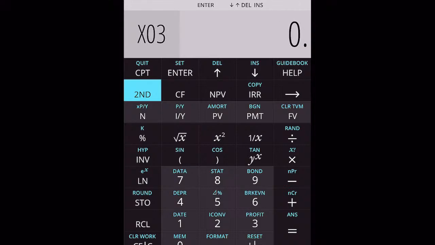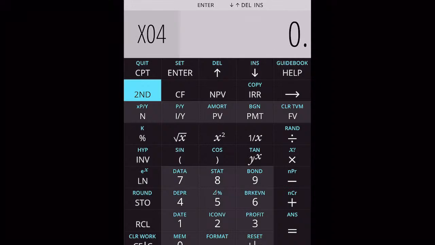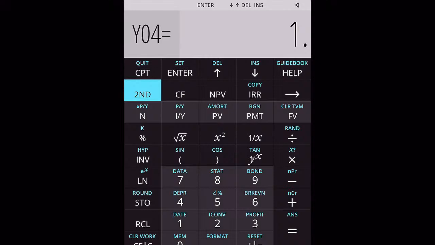Next pair is 10, enter down, and 20, enter down. The next one, 7.5, enter down, 15, enter down. And lastly, 8, enter down, and 16, enter down. That's my data.